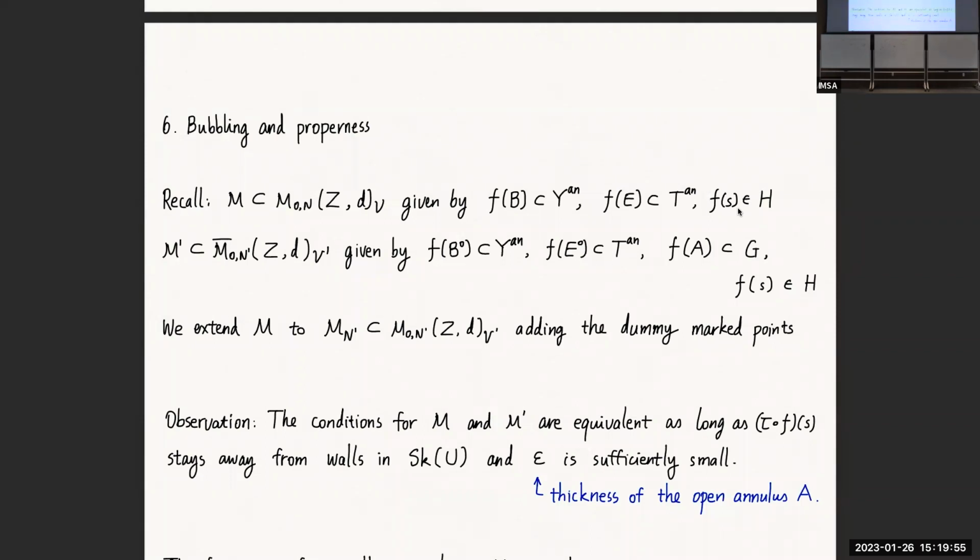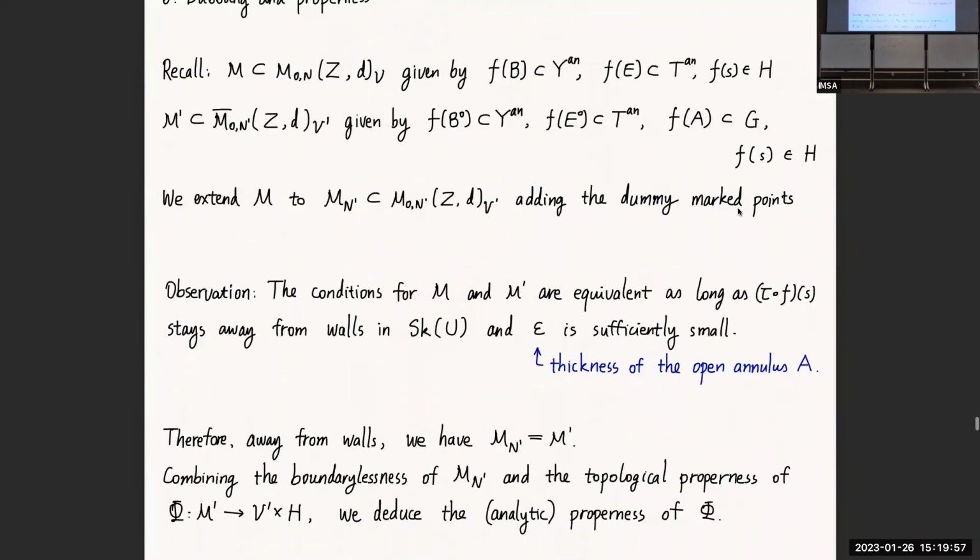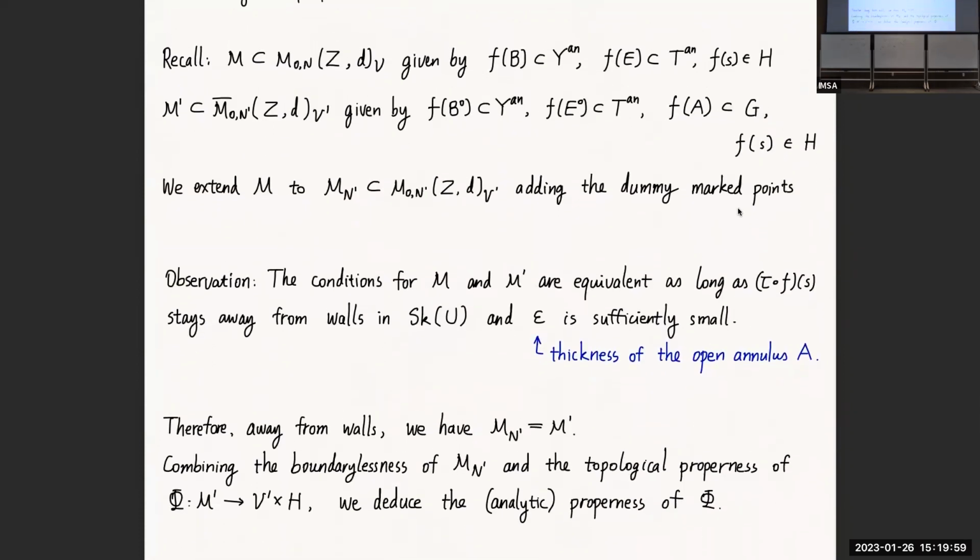So once we stay away from the walls, we actually get equality of these two loci. Therefore, away from the walls, we have equality between M and M prime. So combining the boundarylessness of M and the topological properties of phi for M prime, we deduce the properness that we want, properness of phi.